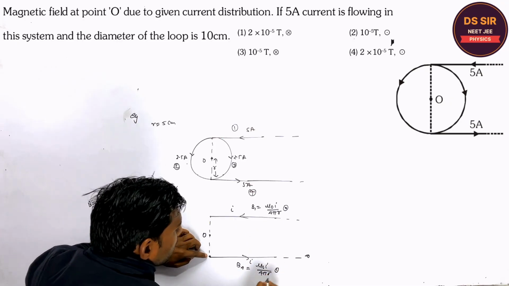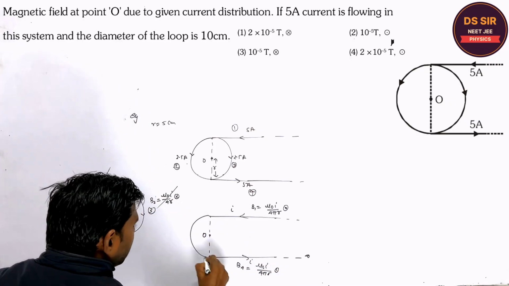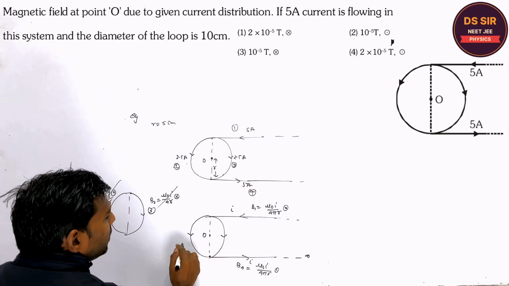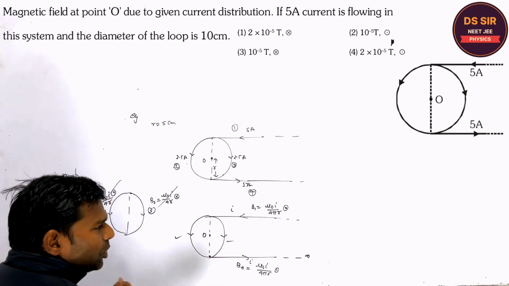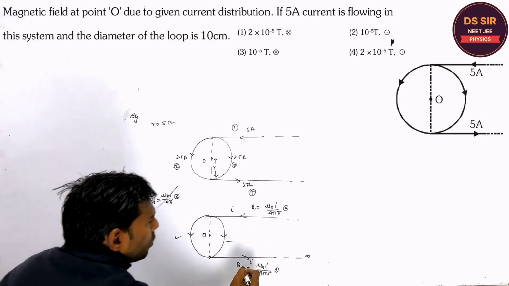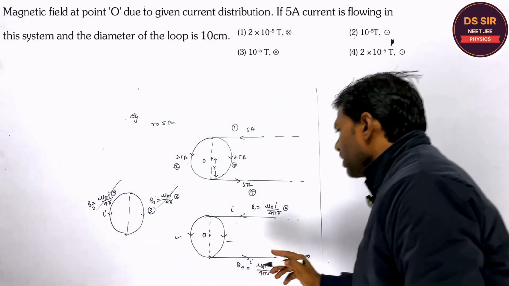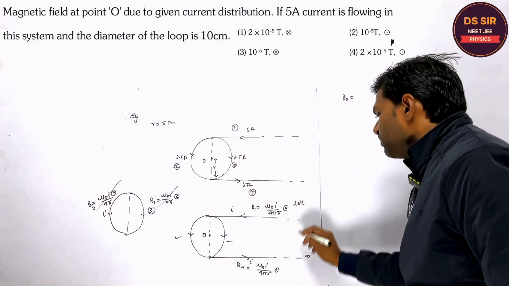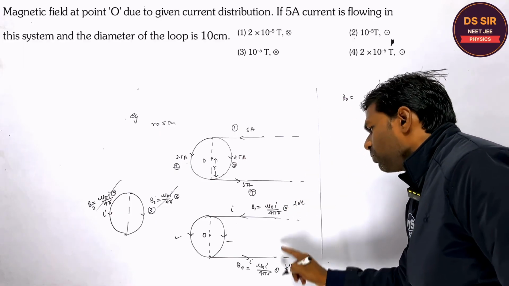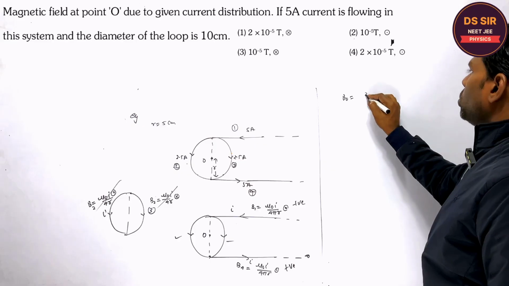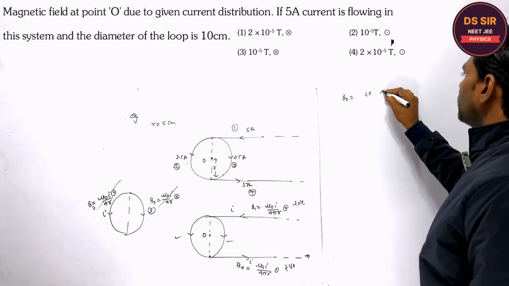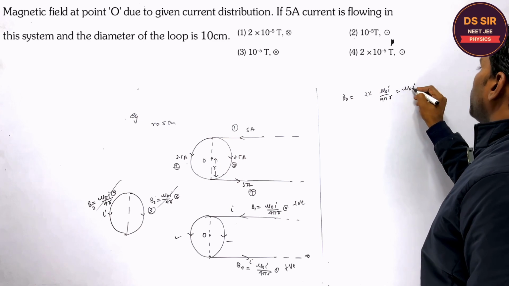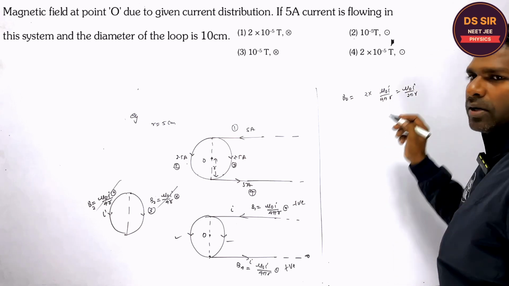I am not considering the magnetic field due to B2 and B3 because they neutralize. So what is the net magnetic field? Both are out, so take both positive. Two times, both are same, mu naught I upon 4 pi r. So mu naught I upon 2 pi r.